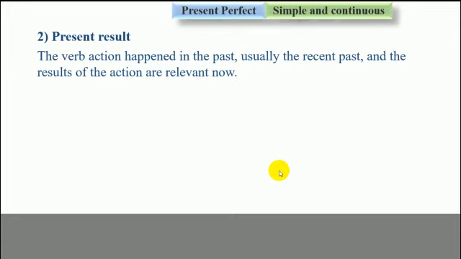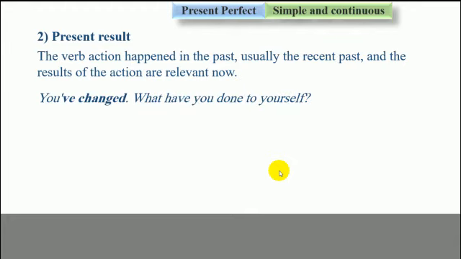But usually this is a recent past, and the results of the action are relevant now. It's related to the situation now. For example, you have changed. What have you done to yourself?